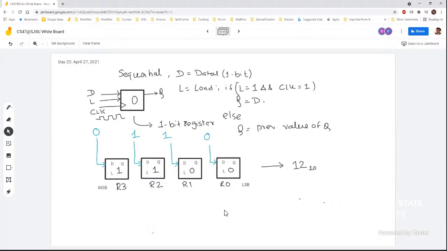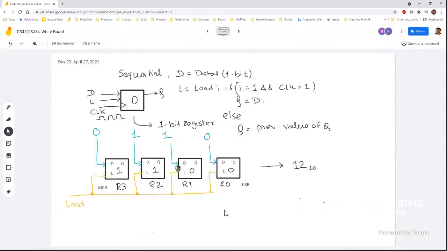There is one control signal, some component controlling all the loads together.